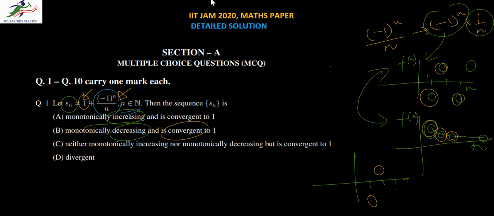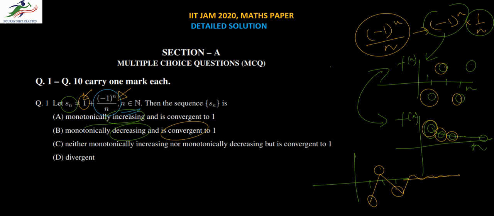So in every iteration or every increase in value, the sign of the function (-1)^n / n will oscillate between positive and negative, and the magnitude will decrease, which means that eventually it will converge.